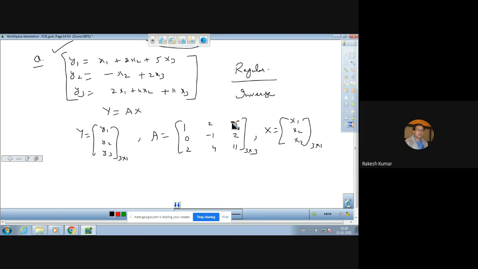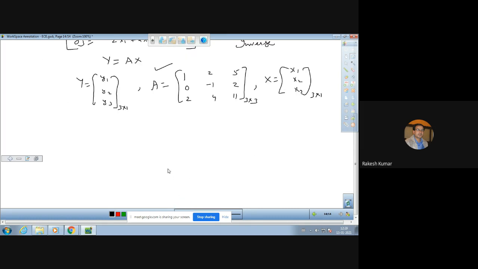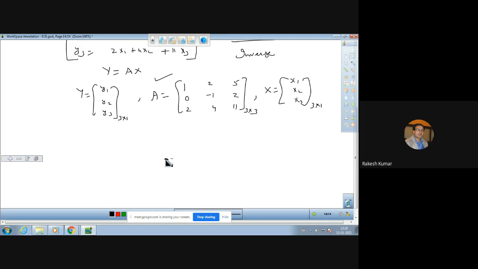The matrix A is a square matrix. Square matrix means if the number of columns and number of rows are the same, then that matrix is a square matrix. Now, with the help of this, first of all, you will find the determinant. So you will expand this matrix by the first row: 1 times the determinant of -1, 2, 4, 11, minus 2 times the determinant of 0, 2, 2, 11, and plus 5 times the determinant of 0, -1, 2, 4.